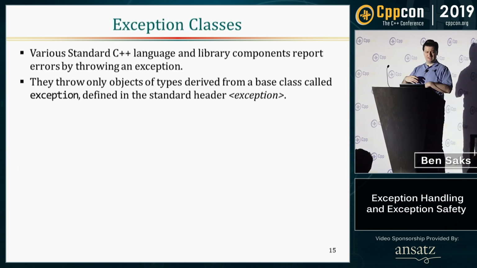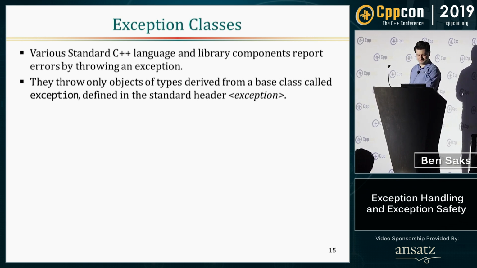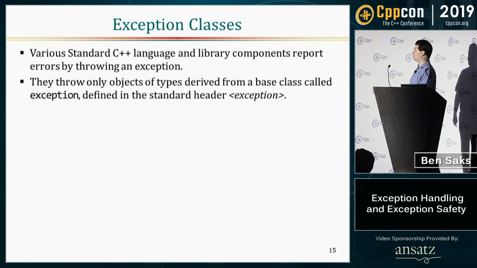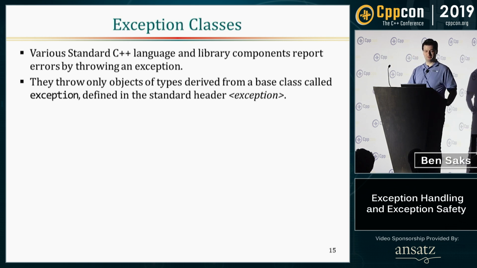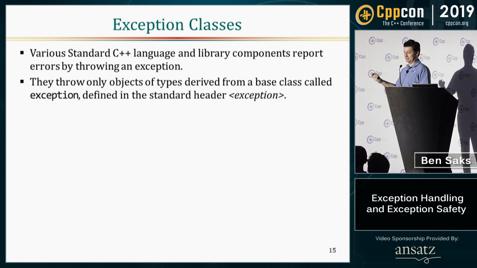So the standard library in C++ has a number of pieces that can throw exceptions. And in particular, they throw exceptions that are all derived from a common base class called exception. Well, std::exception because it's in the std namespace. And that exception class is defined in the standard header exception.